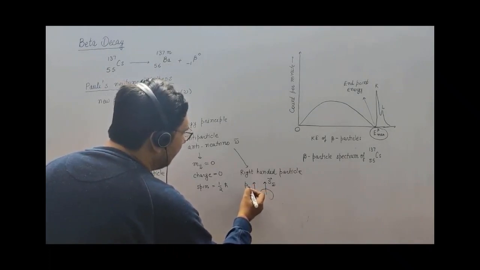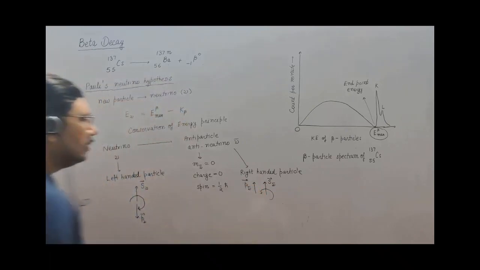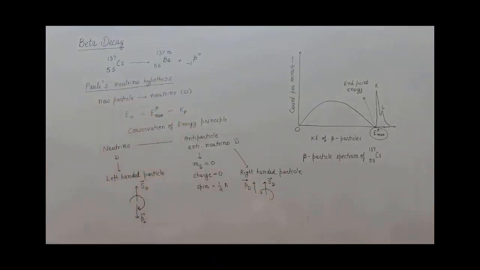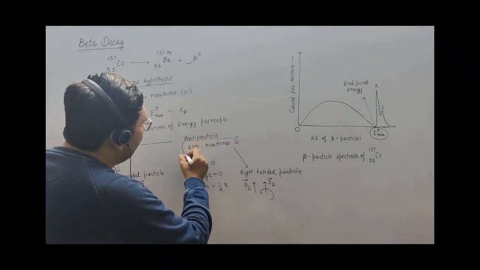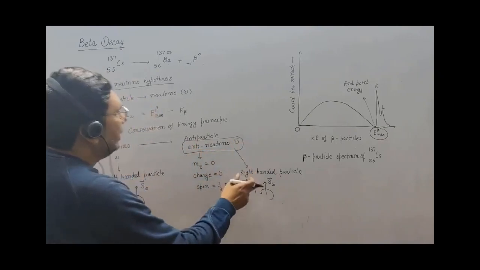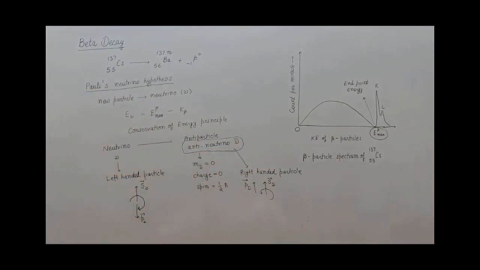In case of this antineutrino, spin as well as momentum will be parallel, while in case of neutrino, spin and momentum will be antiparallel. So neutrinos are left-handed particles, and antineutrinos are right-handed particles. This is the difference between them.